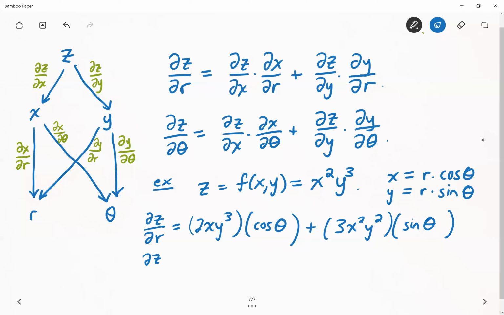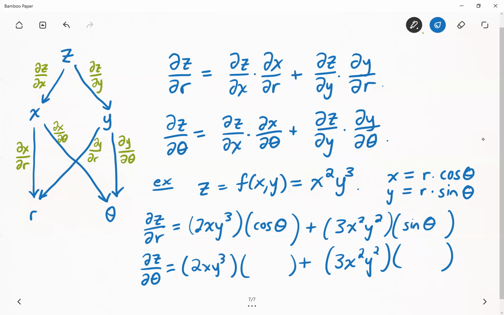Might as well also calculate dz d theta while we're at it. And fortunately, we can actually recycle part of our work from before. Both these formulas contain the partial derivatives dz dx and dz dy. So I can actually write 2xy cubed, leave a space, dz dy is 3x squared y squared.